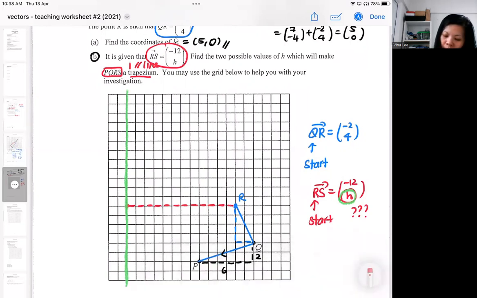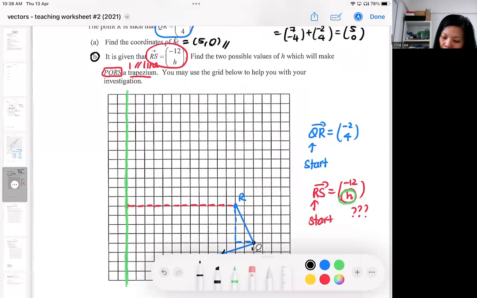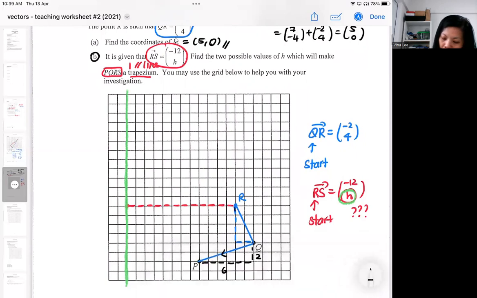So I'm going to count the squares. If I also count 6 squares and 2 squares here, this will be parallel.